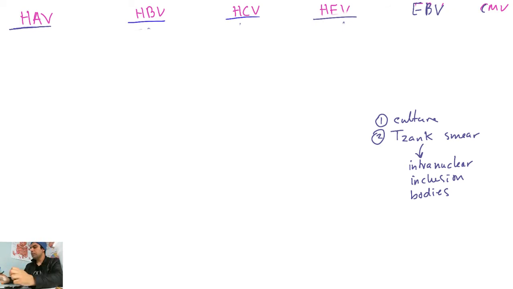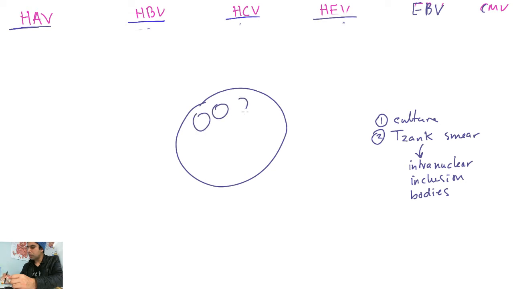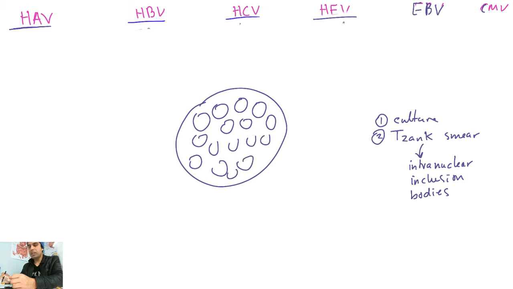You see, these are DNA viruses. Now, where is DNA replicated? In your cells. DNA replication, where does it take place? The nucleus. So this virus will assemble in the nucleus. That's why you will see the virus particles in the nucleus. So only with DNA viruses will you find intranuclear inclusion bodies.